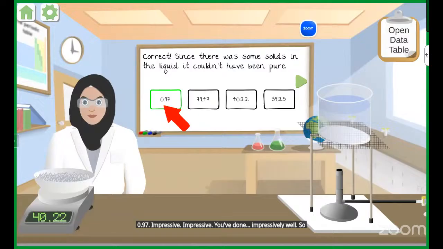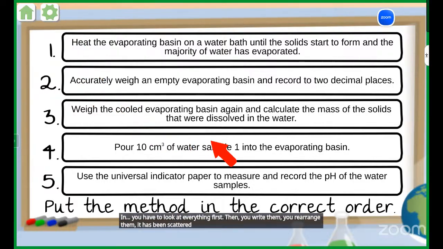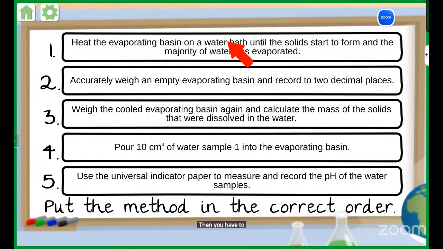So now here, you will write this down in your booklet, but you have to arrange it. You have to look at everything first. Then you rearrange them. It has been scattered here. Then you have to rearrange in a regular manner, the exact procedure we follow. So to do that now, all right? Yes, sir.